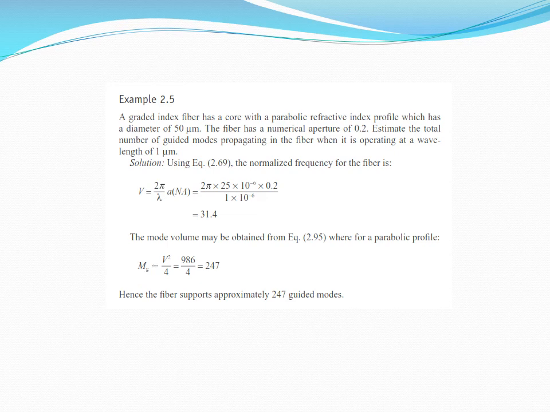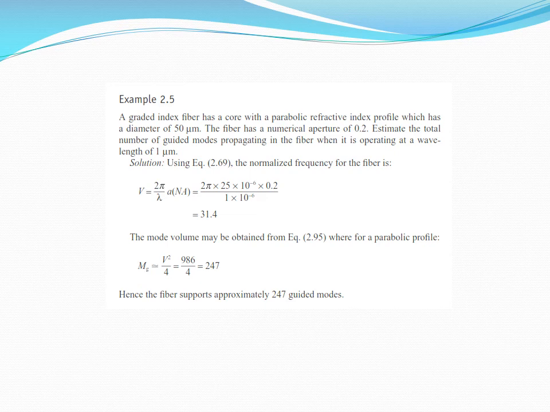We have already seen the variation in the refractive index profile of the fiber, that is alpha. The profile parameter alpha changes: if it is 1 it is a triangular profile, if it is 2 it is a parabolic profile, and if it reaches infinity then the graded index fiber acts as a step index fiber.